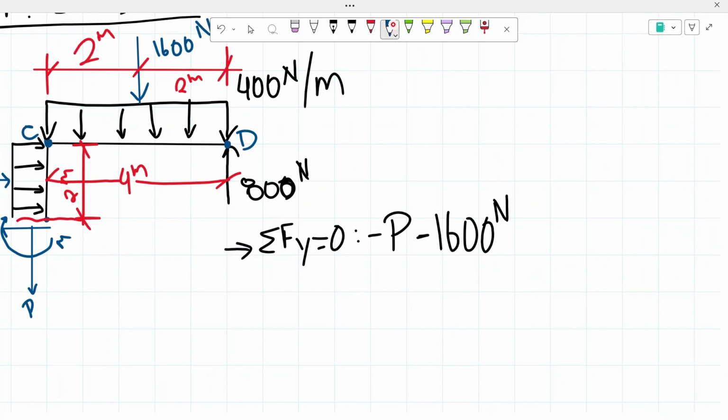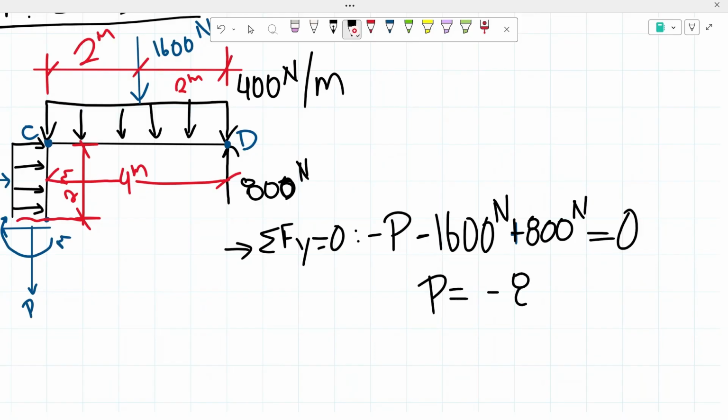This one is going upwards, so that's a positive force of 800 newtons. Those are all of our vertical forces, so all of that has to equal 0. We end up getting that our normal force has a value of negative 800 newtons.